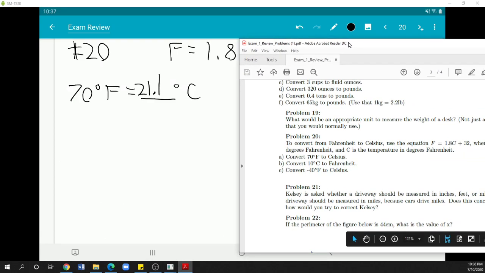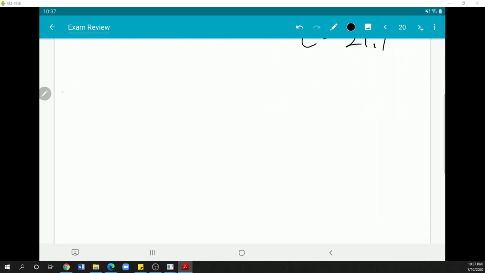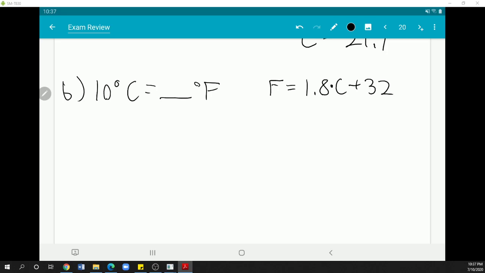Part B. Now go the other way. Convert 10 degrees Celsius to Fahrenheit. So this was A. Now let's move to B. 10 degrees C equals blank degrees F. So let's take our little formula from before, F equals 1.8C plus 32.